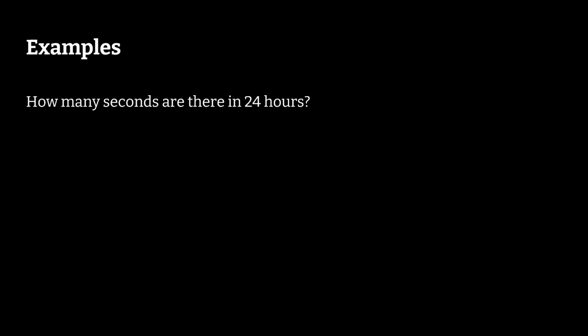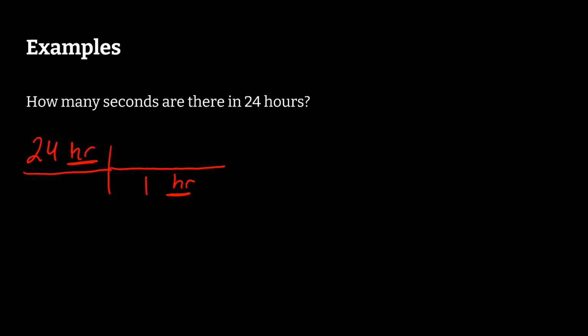It's asking how many seconds are there in 24 hours? So we have our 24 hours. Now we have hours on top, so we know that we're going to have hours on the diagonal. Going from hours to minutes will be the easiest conversion.